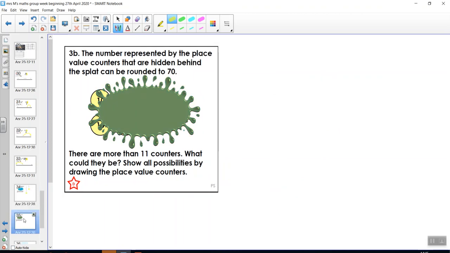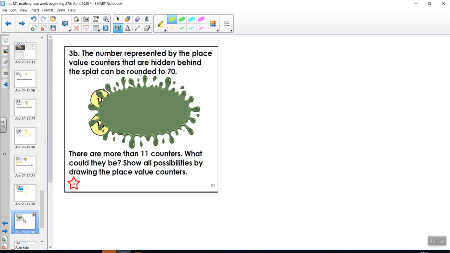Here's another one. Let's read it carefully. The number represented by the place value counters that are hidden behind the splat can be rounded to 70. There are more than 11 counters. What could they be? So this time we're looking for a number that is made using more than 11 counters.